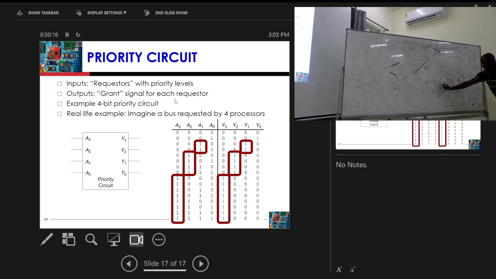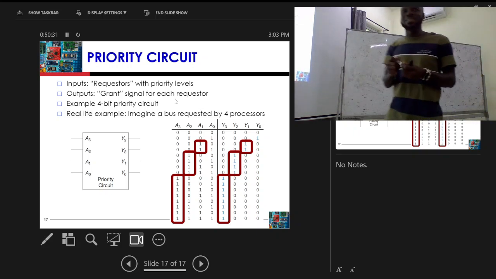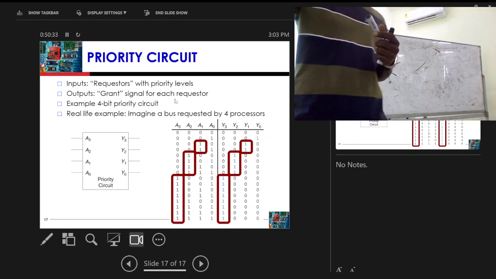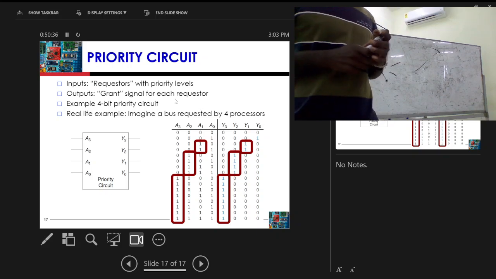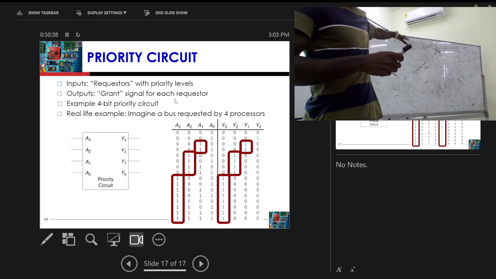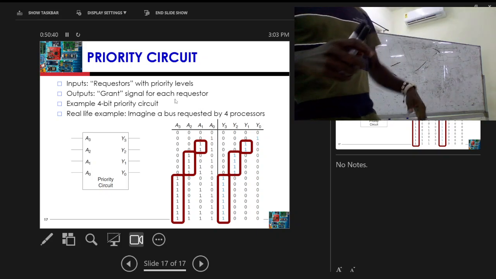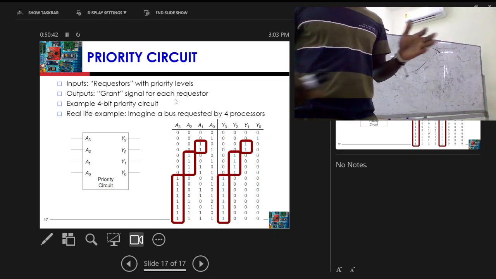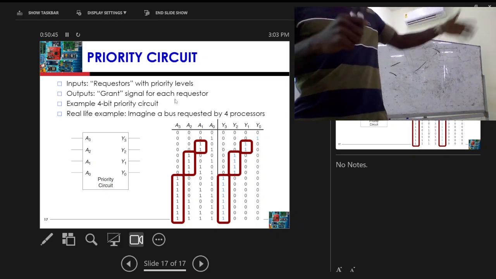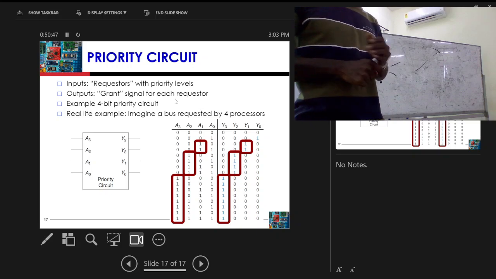Y0 depends directly on A0, only when A3, A2, A1 are 0, 0, 0. So you have your AND gate with three NOT gates. Simple as that. You can draw this in several ways, but this is how I've chosen to draw it. If somebody draws something that makes sense, that's fine.